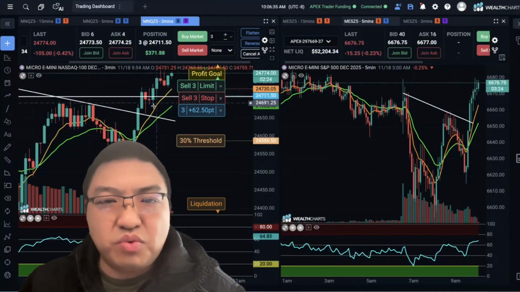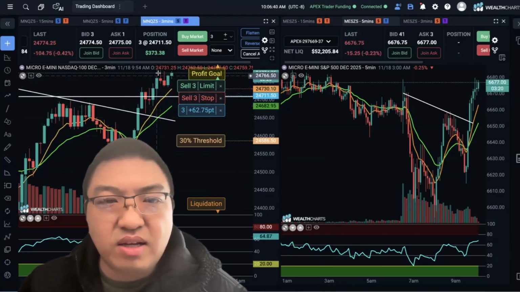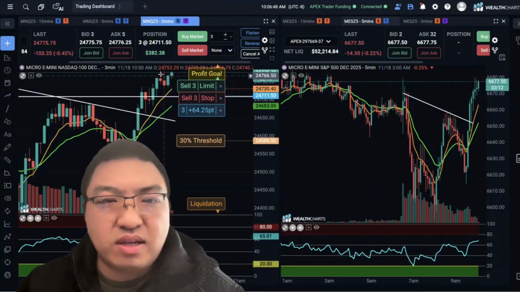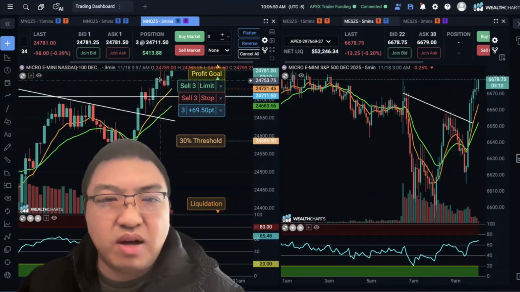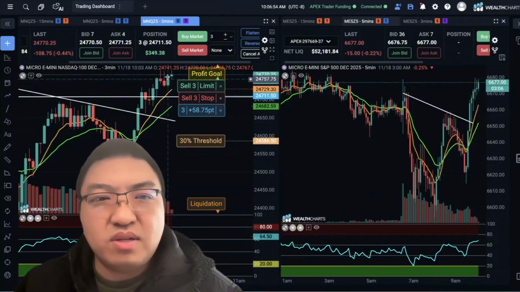So if you did not enter a trade earlier, this is a good chance to enter a long trade here, because we see it's covering, and after the retest, the bullish trend resumes.